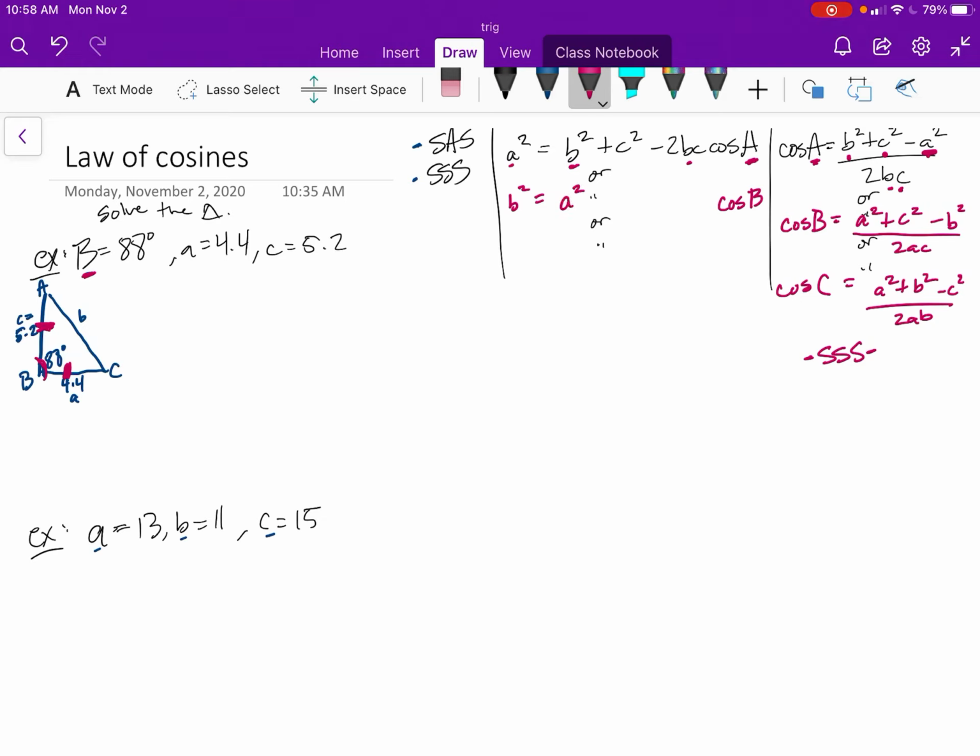I'd have a squared plus c squared minus 2ac cosine B. Now that one works with the information I have on the left. But again, there is a third formula. Say you had big C, then you would just use that form, cosine C over here. And then I would have a squared plus b squared minus 2ab.